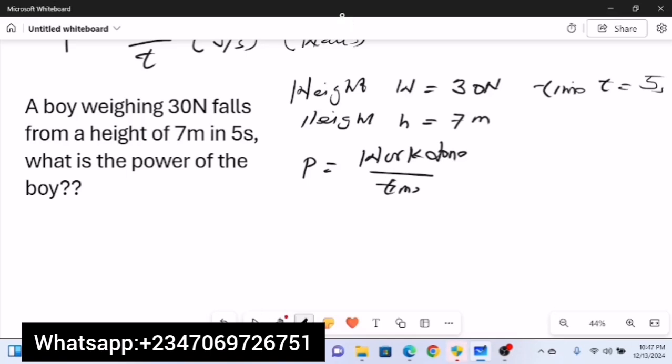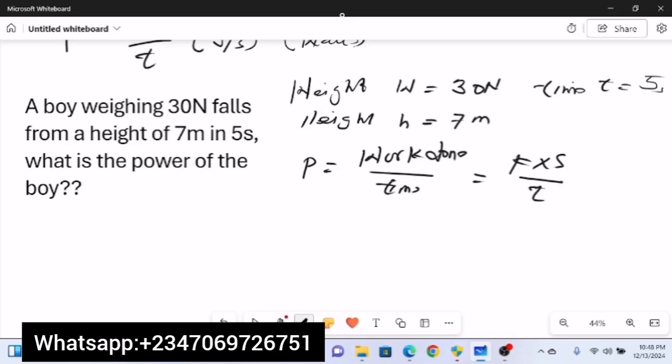But then, what is work done? You remember that work itself is force times distance. So you have power to be force times distance all over time.